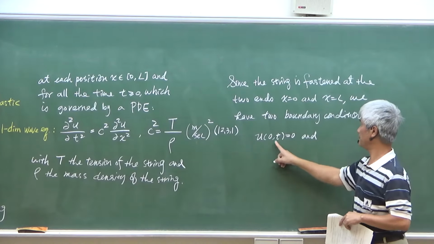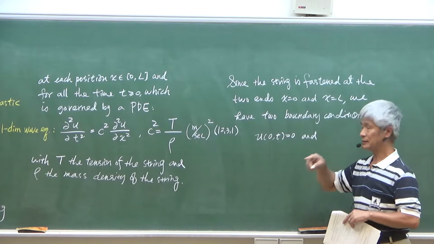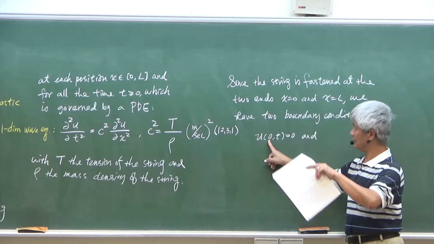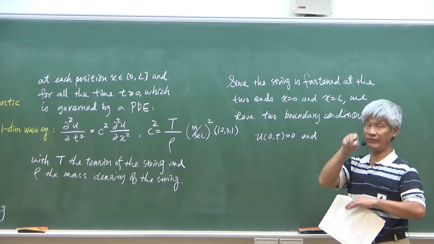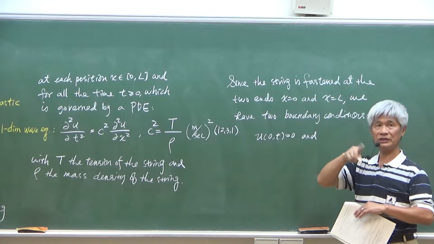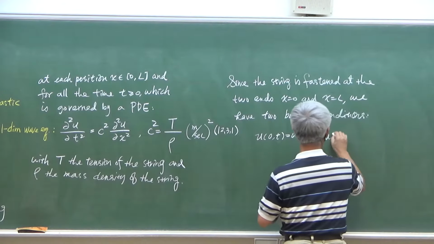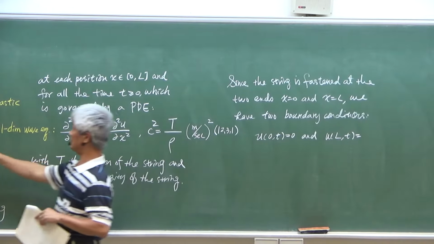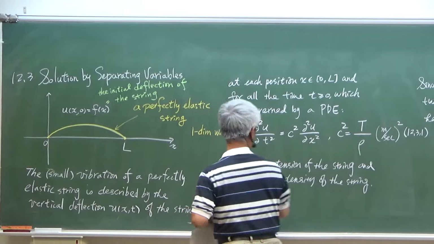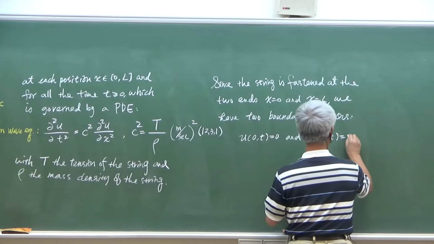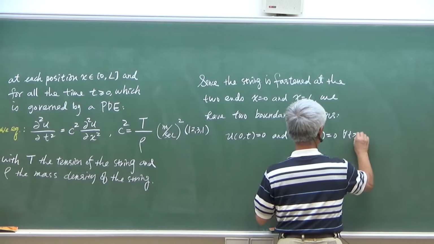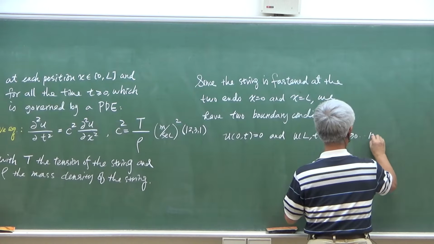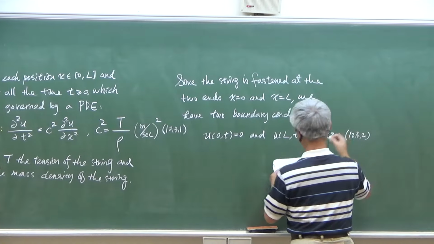For all time, the deflection at the left end is 0 because it's fastened, so there's no deflection. And also, the deflection at the right end is also 0. So this is 12.3.2.